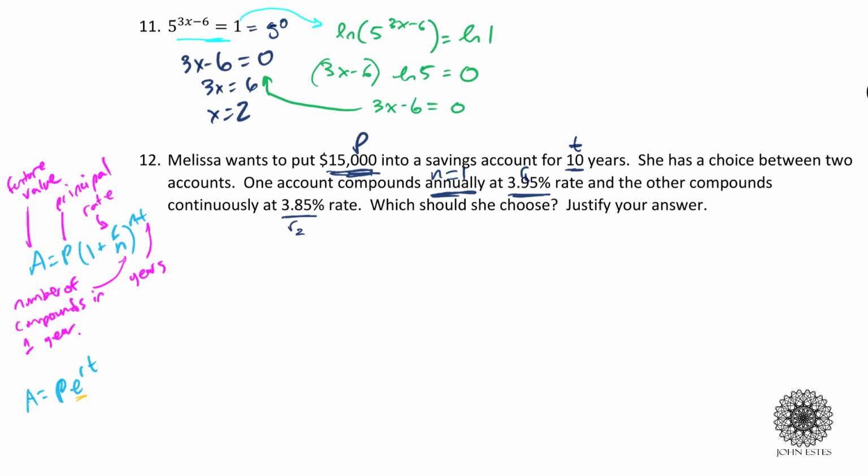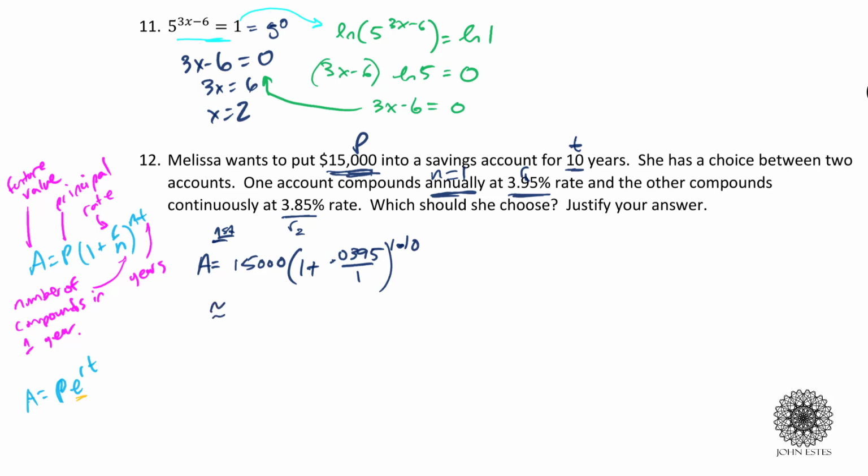Okay, so let's calculate our future value with these two different accounts. So if I do the first one, I plug in 15,000 times 1 plus 0.0395 over 1 times 1 times 10. Okay, now you better carefully put this in your calculator, and you'll need to practice this, make sure you get the same thing.